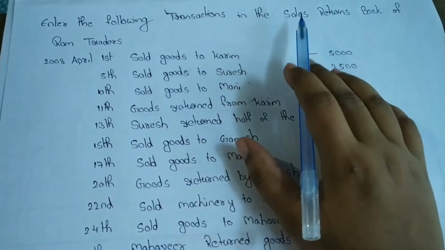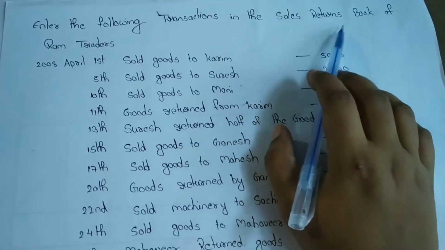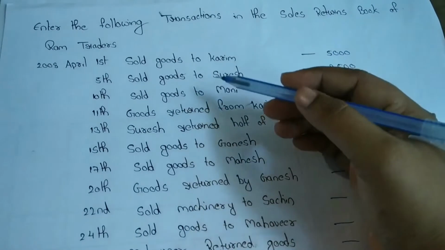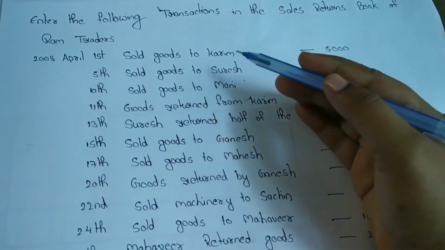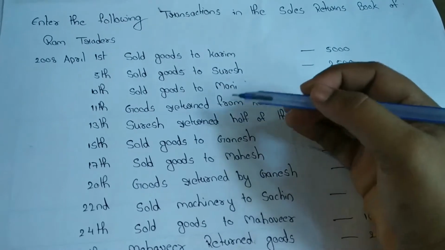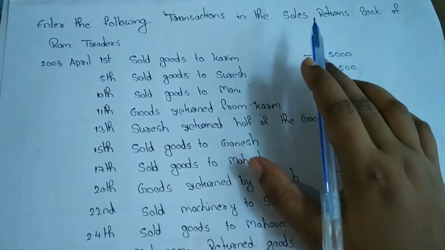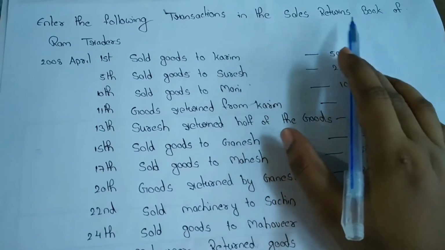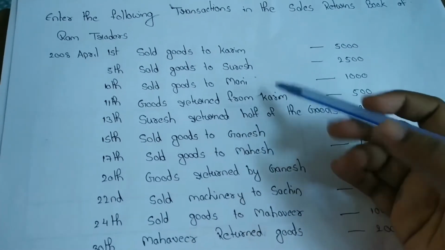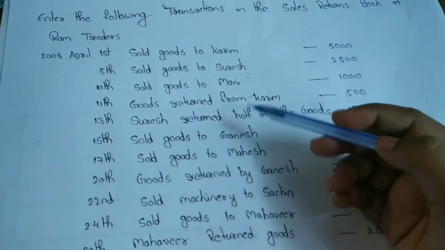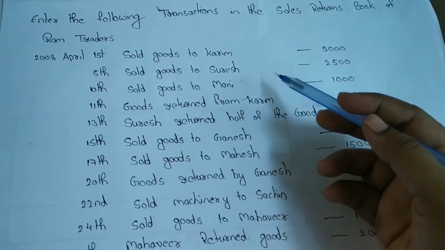But we only prepare the sales returns book here. So among these transactions, we only pick the transactions related to sales returns, and those should be recorded in the sales returns book.